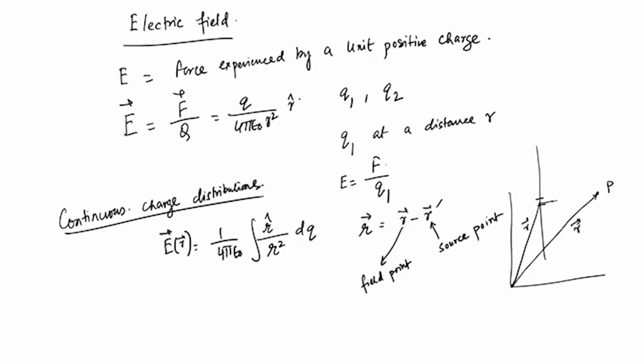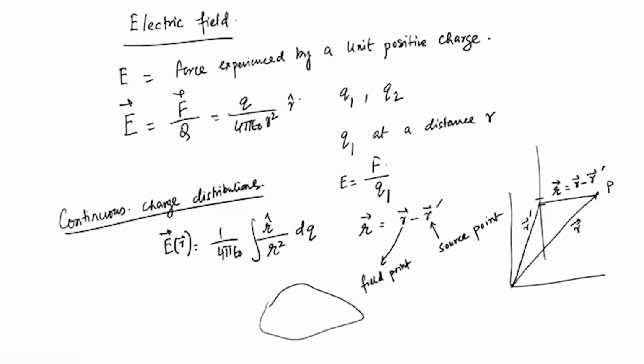The distance between these 2 points is the resultant of these: one is r prime and this is r. So, this curly r is equal to r minus r prime. That is the definition of this curly r, and the unit vector associated with it is that r cap vector. So, E of r is equal to 1 by 4 pi epsilon 0 r cap by r square.